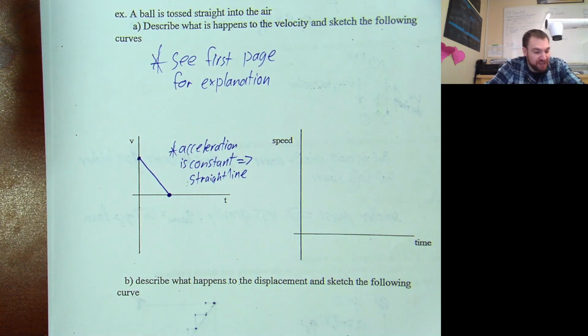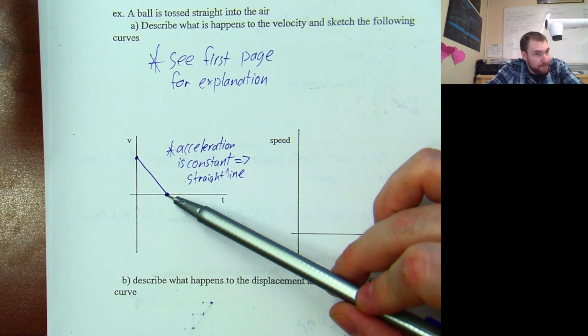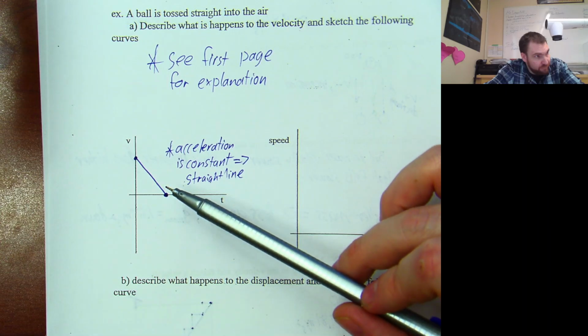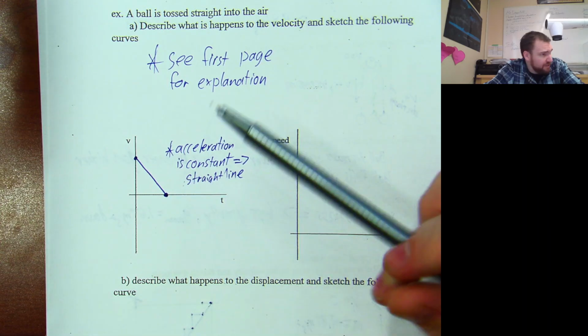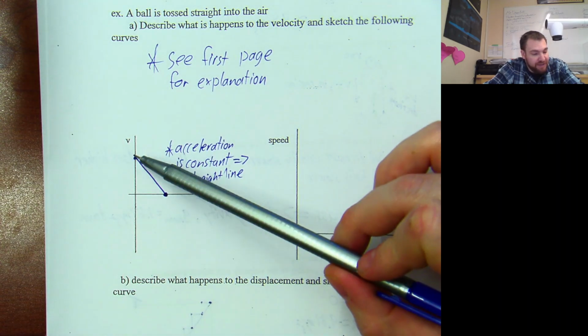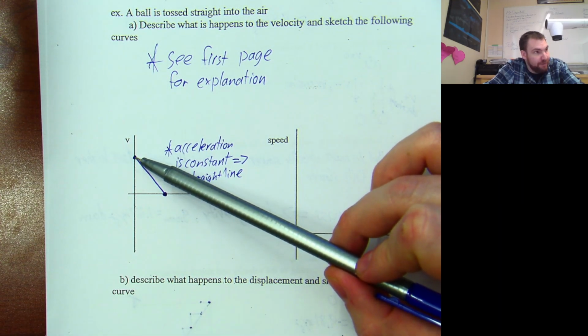Okay, so then what's going to happen? This point right here is when? That's a good question. Is that what it means? This is a VT graph, not a DT graph. This is where I first threw my object up.